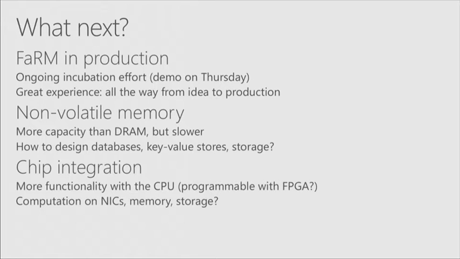For instance, Microsoft has this Catapult system that is integrating FPGAs with the network. And obviously this creates very interesting challenges and opportunities on thinking where to put computation, or what kind of computation to put on NICs, on memory storage, in the CPUs, and what to do where. Basically rethinking how we run our workloads in the future.